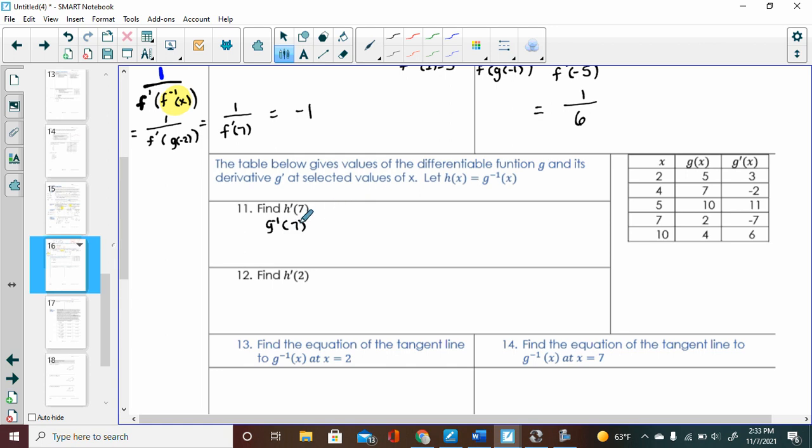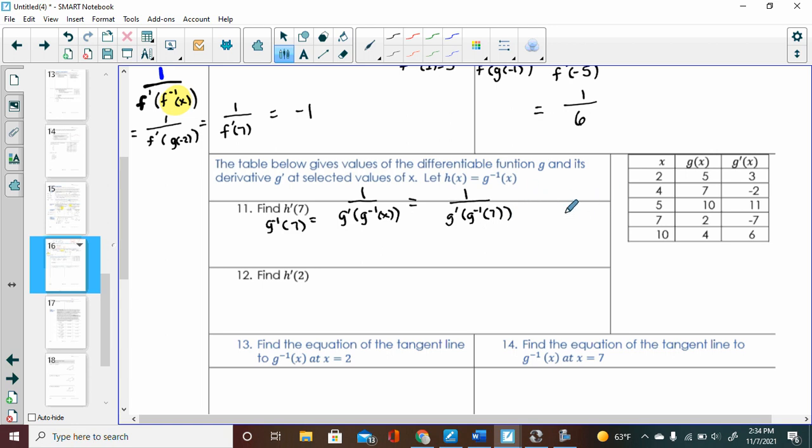I'm going to go with this right here because the formula makes it a little bit easier. So g prime of this composition, right? So we're looking at 1 over g prime of g, this inverse of 7 here.